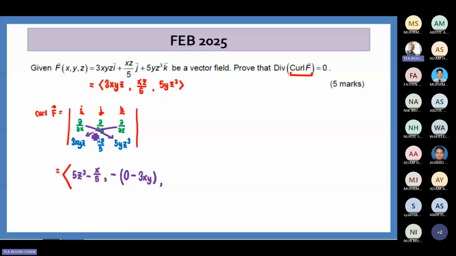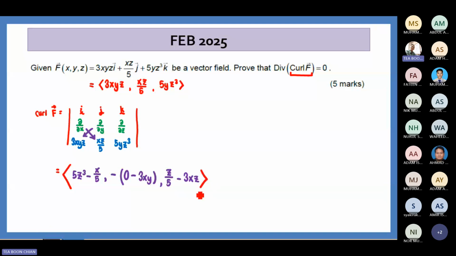Lastly, for the direction k, differentiate xz over 5 with respect to x, z over 5, minus differentiate 3xyz with respect to y, 3xz. So this is the curl.